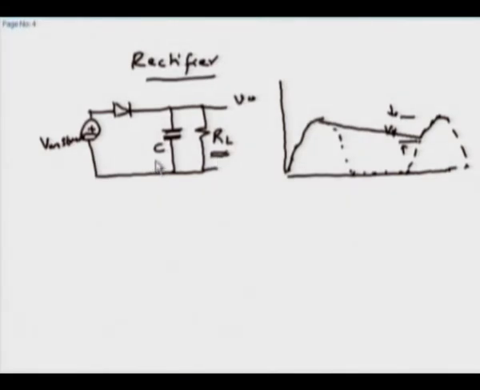So, that is very commonly thought as a way of reducing the ripple. But one very important thing to remember is not only the voltage at the output, but also the diode current.